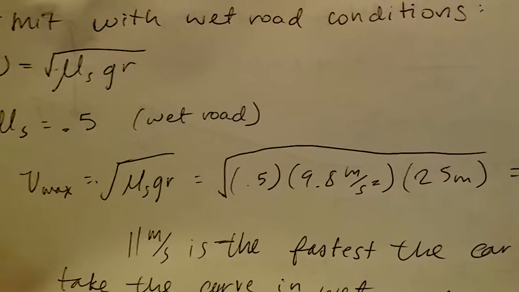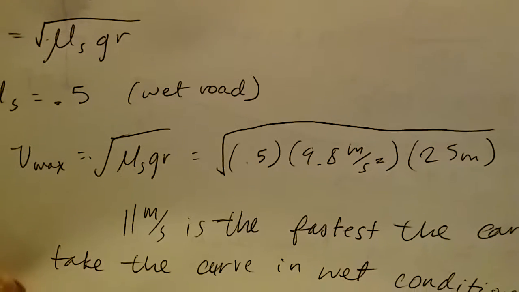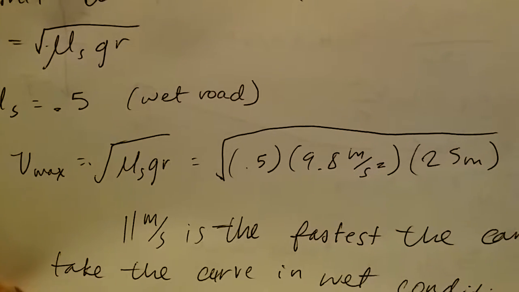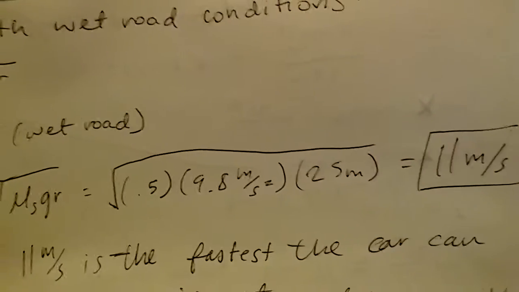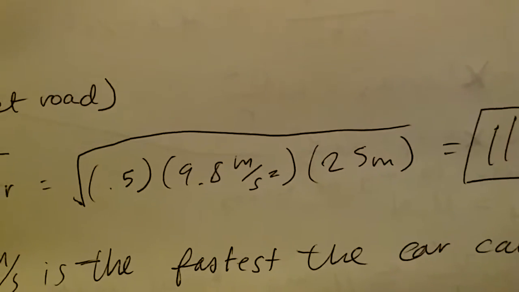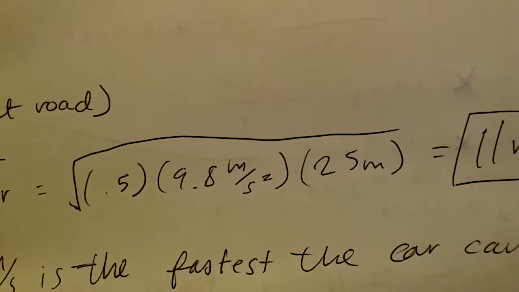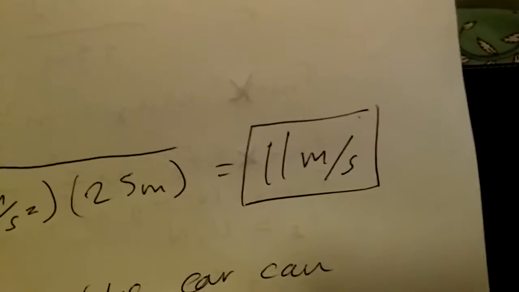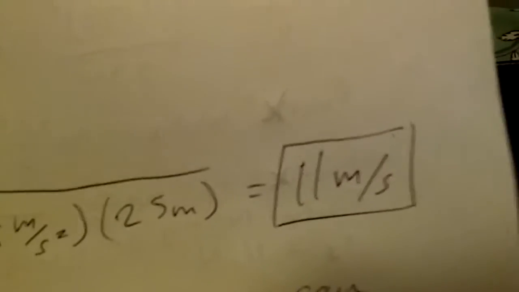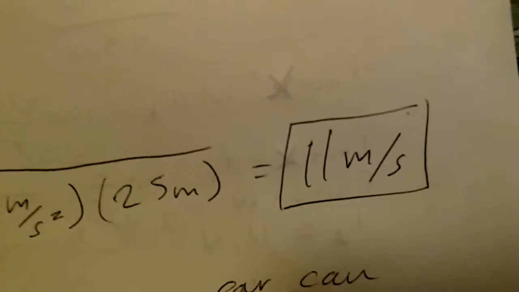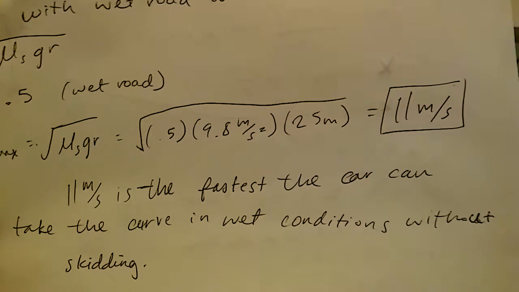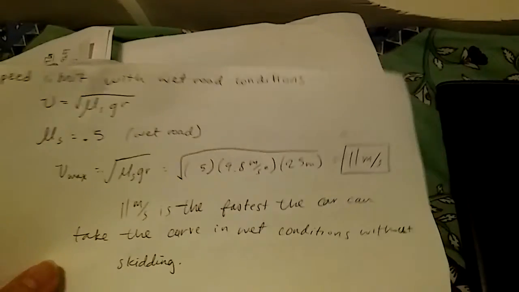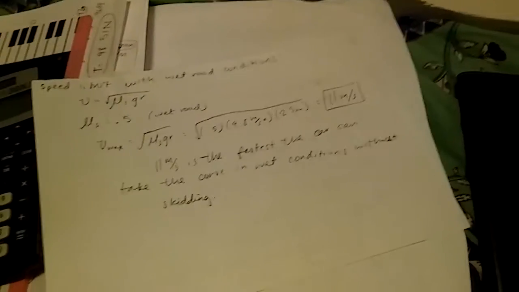We're looking for the max velocity that you can have in wet road conditions. So 0.5 times 9.8 meters per second squared times 25 meters, take the square root of that, and we get 11 meters per second, which was the posted speed limit, I think, in the question. That's the fastest a car can take the curve in wet conditions without skidding. Okay, thank you.